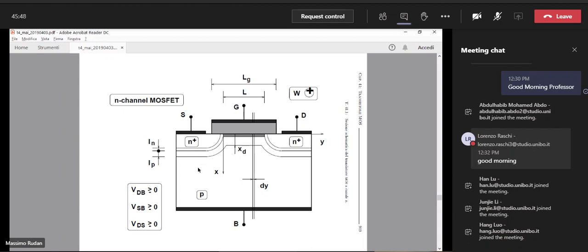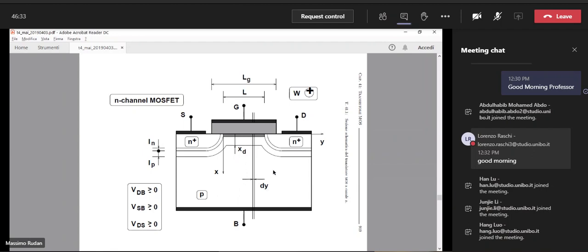It would be wrong to do such a thing. And the same on the other side, okay? So the source to bulk voltages and the drain to bulk voltages must be either 0 or positive. That is, the 2 junctions between source and bulk or drain and bulk must be at equilibrium or in the reverse bias condition. So if they are in the reverse bias condition, there will be some current, but very small, flowing through the junctions.